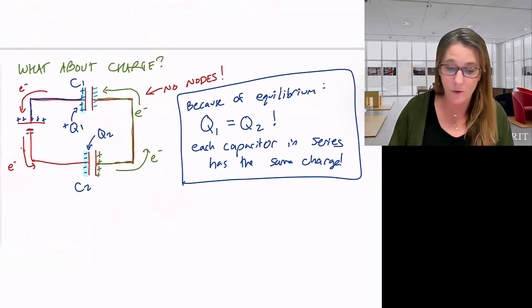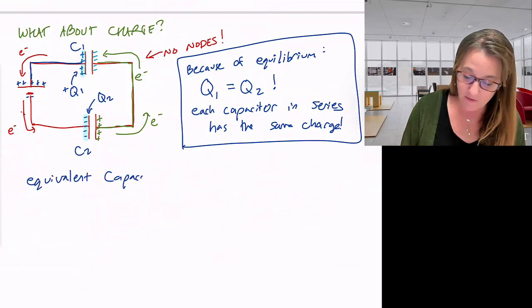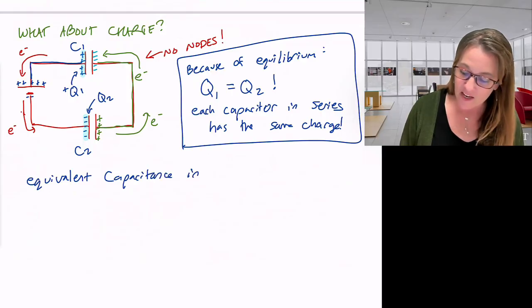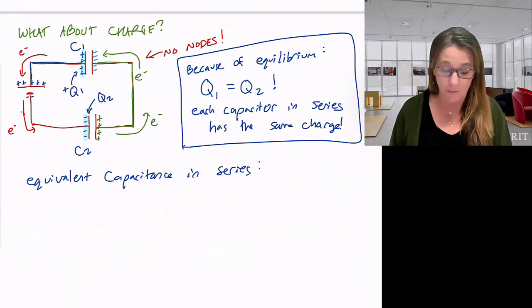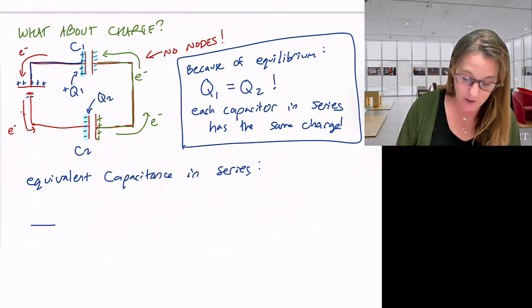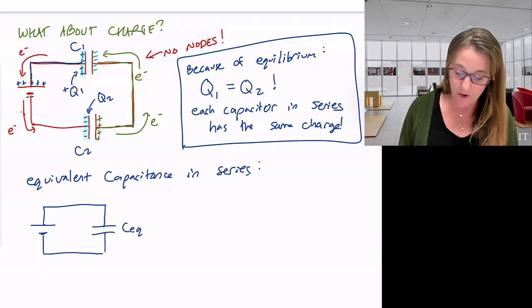And then the last thing we want to do is to make an equivalent capacitance in series. We can go through the same discussion that we did before, that we want to have essentially an equivalent capacitance to this system above.